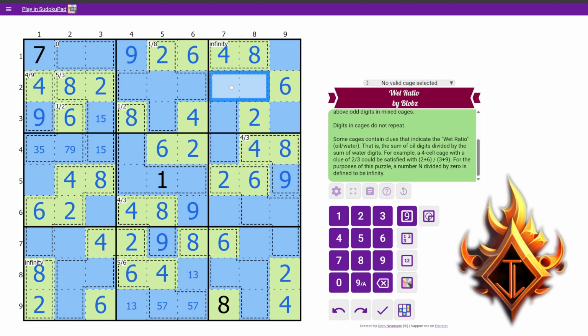So 9 will be a 9 in box 4. Can only be there. So that will become 9, 3. And one of these will be 3.